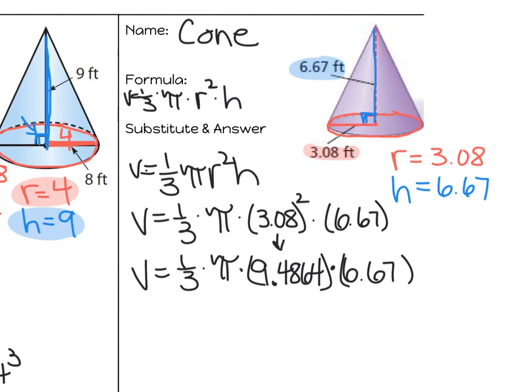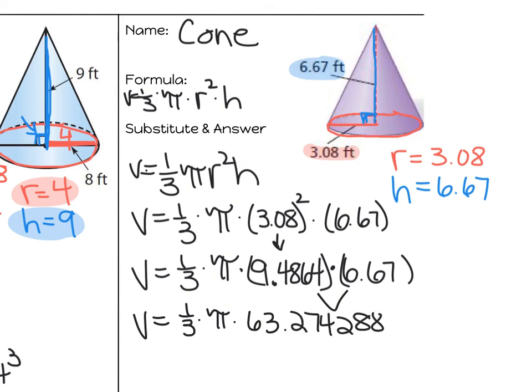So now we can go ahead and simplify a little bit more. 9.4864 times 6.67 is 63.274288. Now it's important that you write out that whole number. I know it's long, but we don't want to round in the middle of the problem because it's going to make our final answer off if we start changing numbers in the middle of the problem.